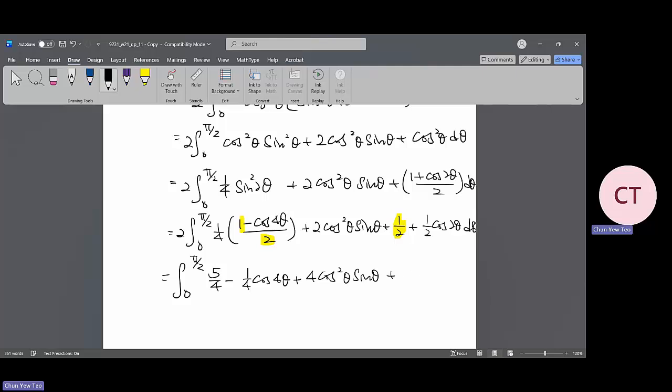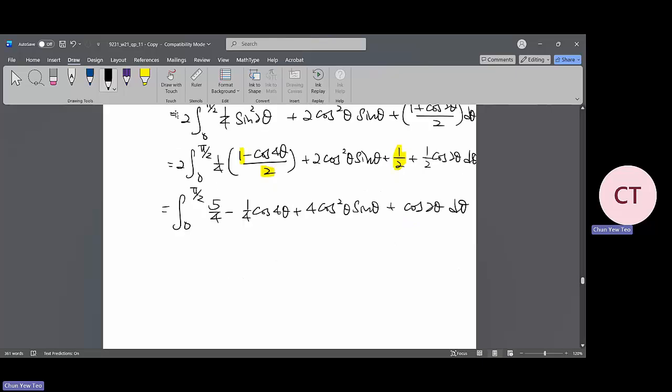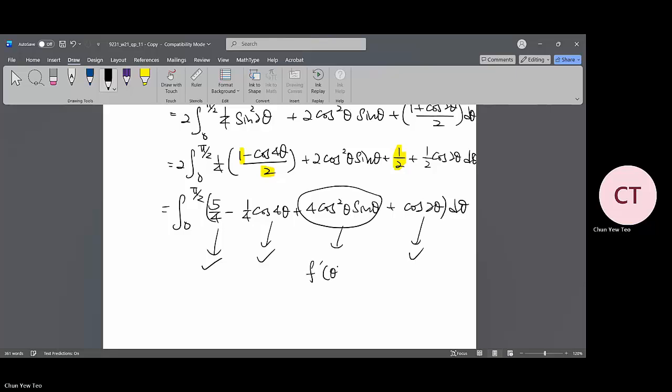And this one you will get cos 2 theta d theta. Okay. So now we are ready to integrate. This one is easy. This one is easy. This one is easy. This one, we will use the formulas of f prime theta, f theta power n to integrate.